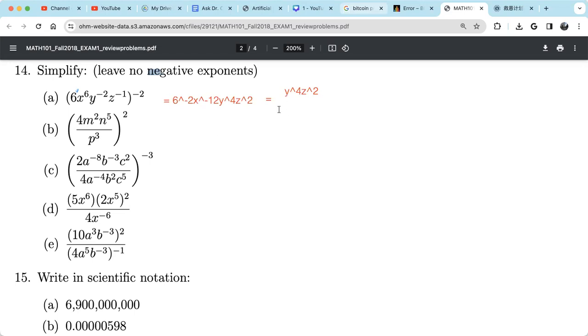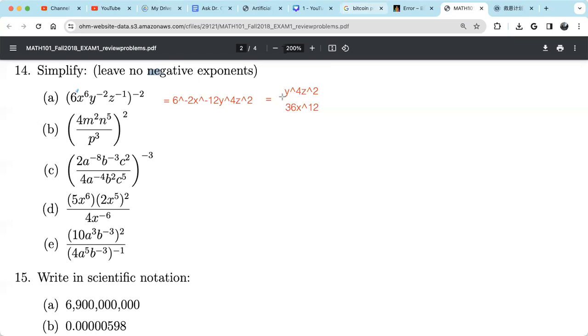And that's in the numerator. In the denominator, we have 6 raised by -2, moved to the denominator, 6 squared. So that's 36. Then x raised by -12 in the numerator, move to the denominator, becomes x raised by +12. And that's it. So that's the answer.